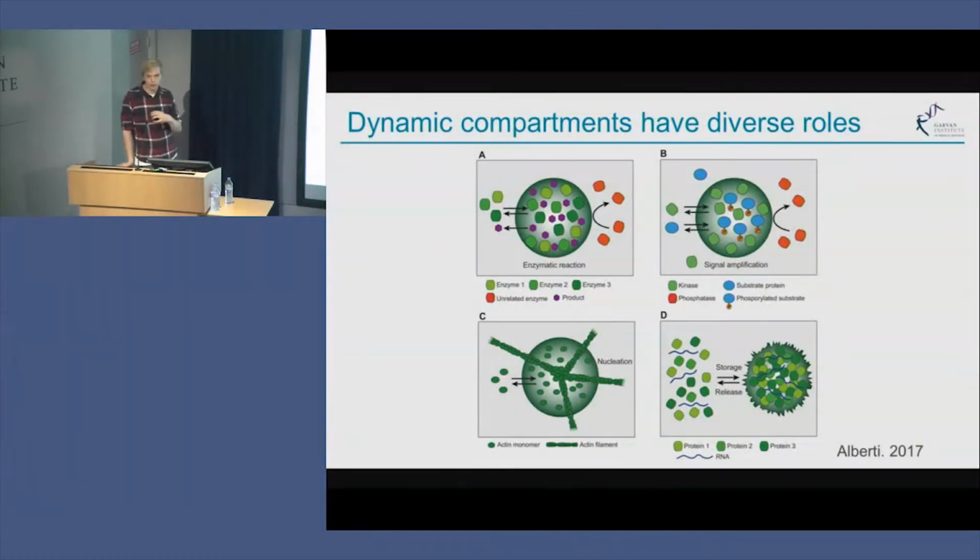For example, I talked about D, which is the storage and release associated with stress granules. Another example, if you remember your high school chemistry, is enzymatic reactions. If you're doing a reaction, you want all the components in one place. Therefore, you can put a tent up, stick all the components in one place, and they can interact. It's a bit like having a field and a board meeting. It's much more advantageous to put all the board members in a tent, so they're close together and can have a debate and discuss what's going to happen.